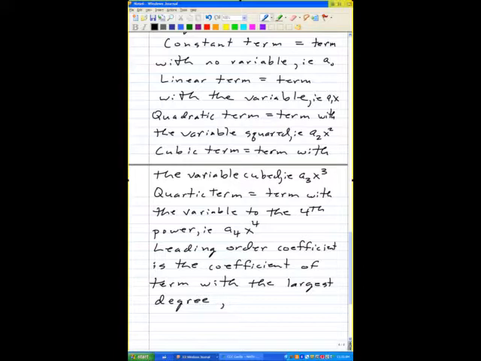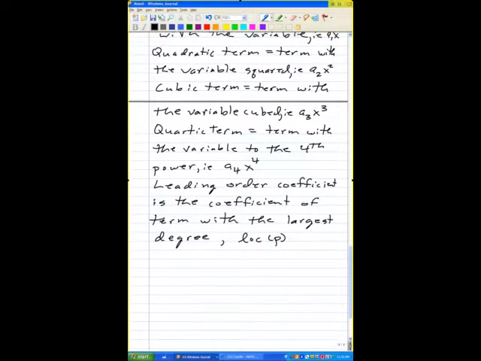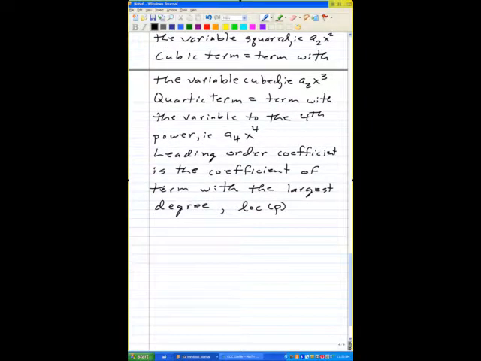And we denote this by leading order coefficient. A monic polynomial is a polynomial where the leading order coefficient is 1.